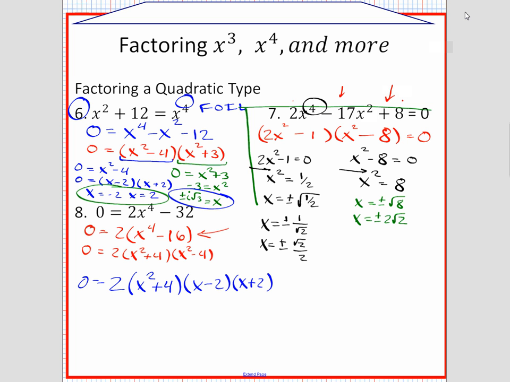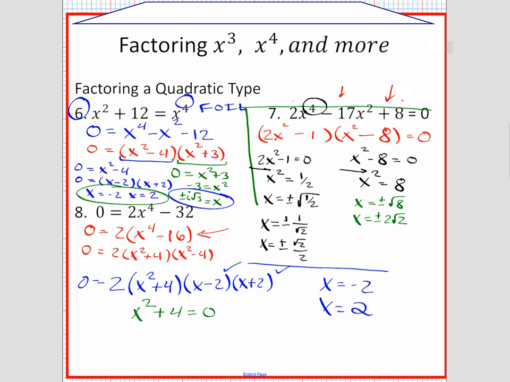So I'm starting to see solutions come out of this already. I know that x equals negative 2 is going to be a solution, and x equals positive 2 is going to be a solution from those two sets of parentheses. So I need to set x squared plus 4 equal to 0. I think we've done this in these videos already.